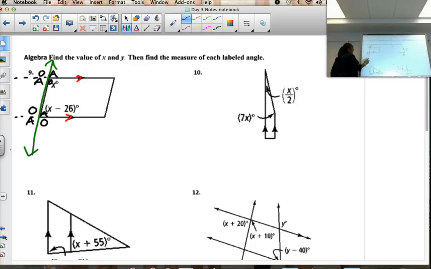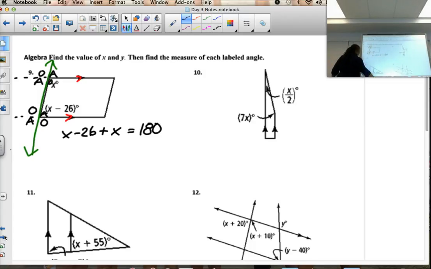Supplementary. So how can I write an equation to help me find the value of X here? Same side interior are supplementary. What can I write? Yes, Andrea? That's right. X minus 26 plus X equals 180.